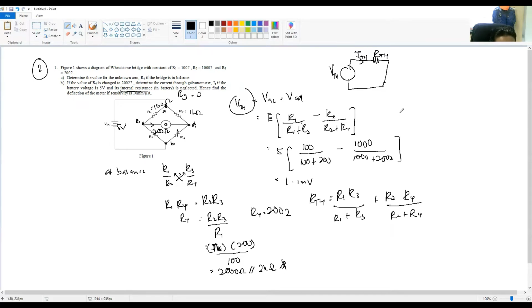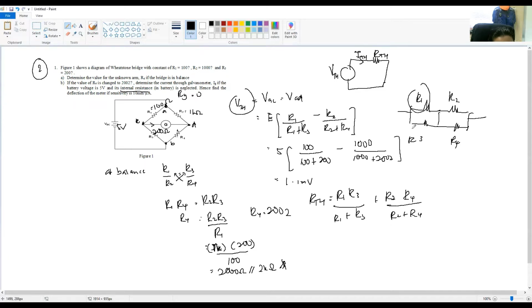Actually, after we simplify, the circuit looks similar like this: R1, R3, R2, R4.